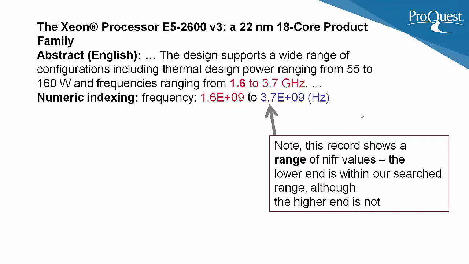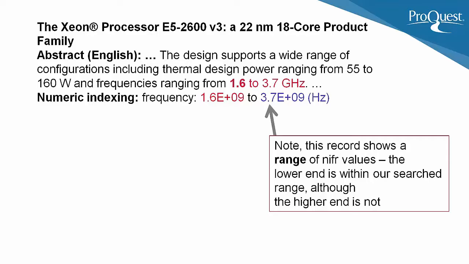Here's another variation. In this record, you'll notice the article is not talking about one particular single speed. It is talking about a range of processor speeds, namely 1.6 gigahertz to 3.7 gigahertz.